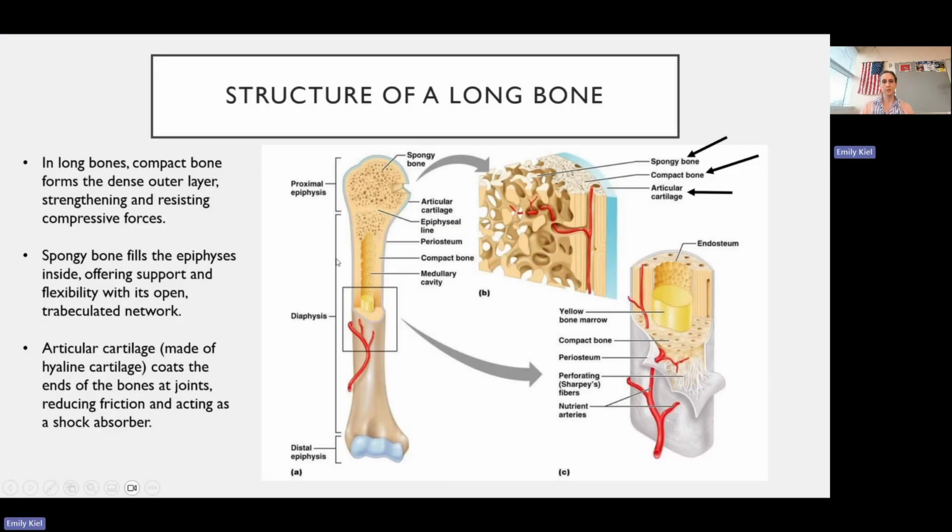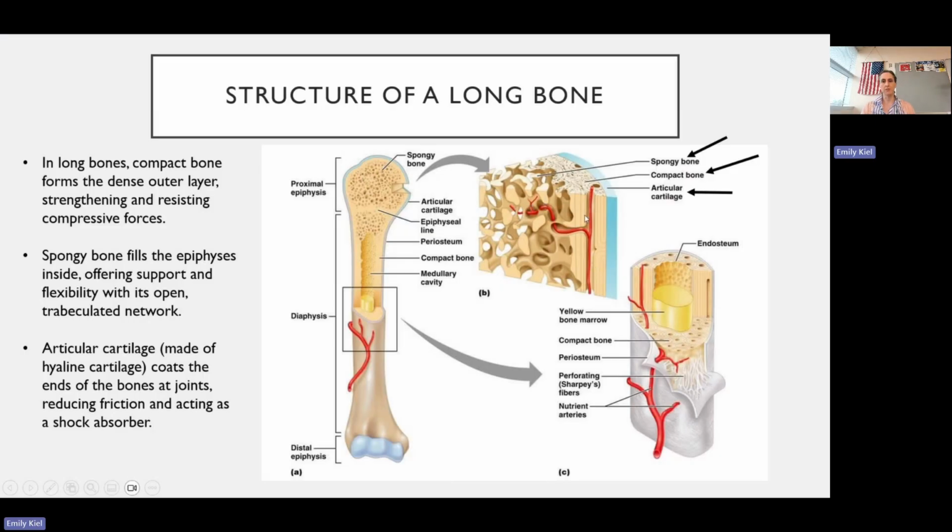So looking here, a couple of terms you want to be aware of. So we've got the diaphysis, that's the shaft of the bone, and then your epiphysis, and that's the ends of the bone. Epiphysis have your spongy bone in them, and then your diaphysis has yellow bone marrow within it. If we're looking at the epiphysis, we can see spongy bone, deep.